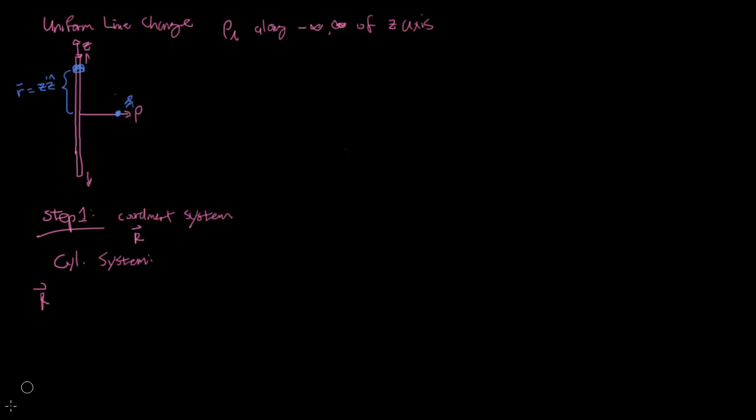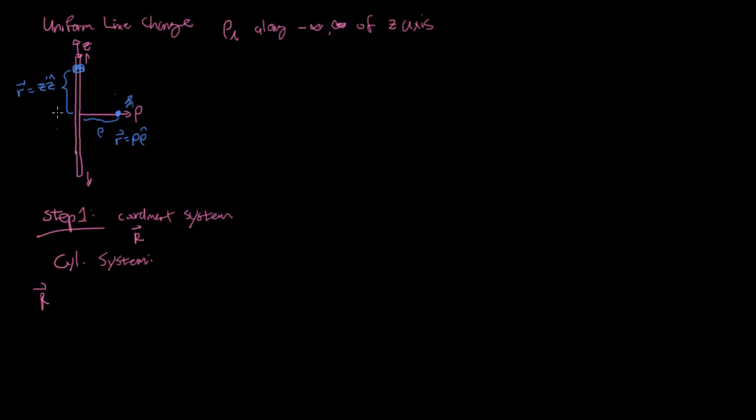I might as well set it on the xy plane, at z equals 0. If I'm sitting over here, a distance rho away, then my observer location, r, is going to simply be rho in the rho direction.